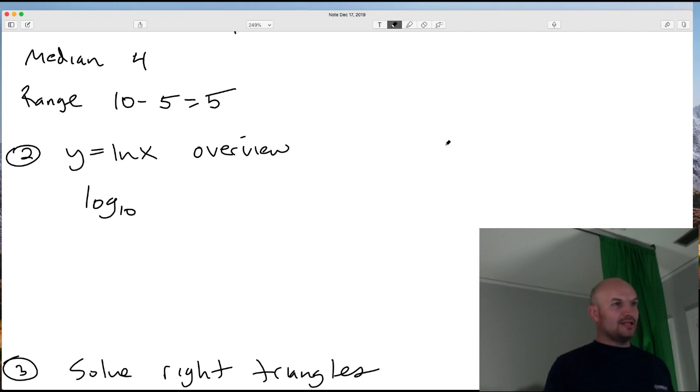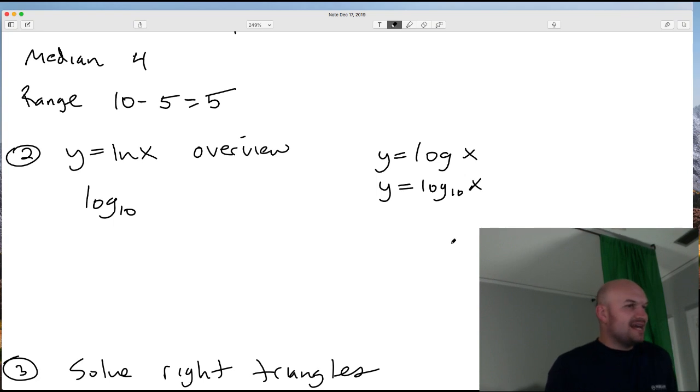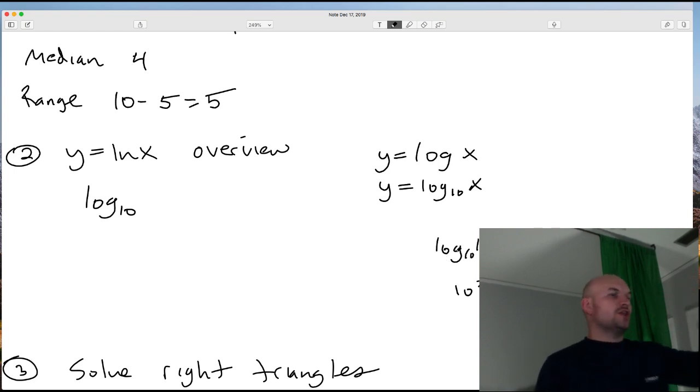Or if we just say y equals log of x, that's really y equals log base 10 of x. What that basically means is, if I have log base 10 of 100, that's going to equal 2 because 10 raised to the second power equals 100. So that's converting from a logarithm of base 10 to an exponential form.